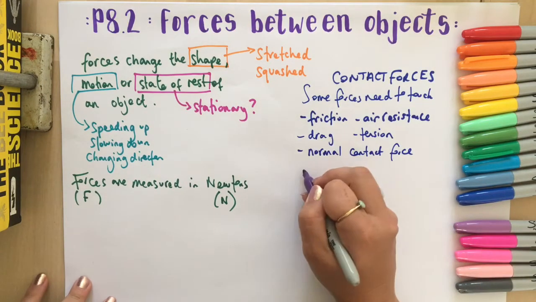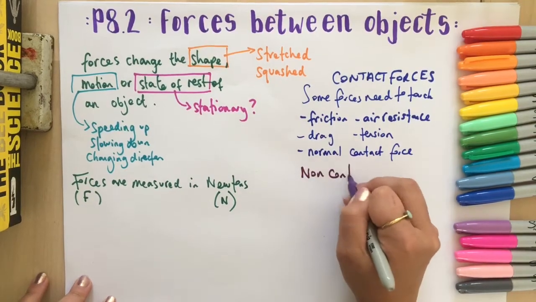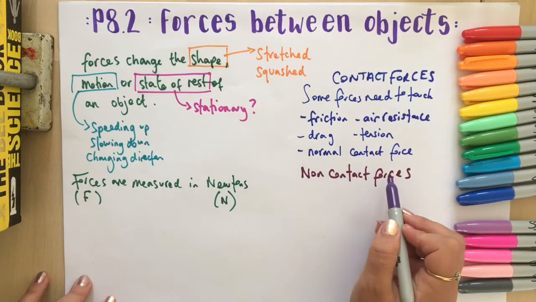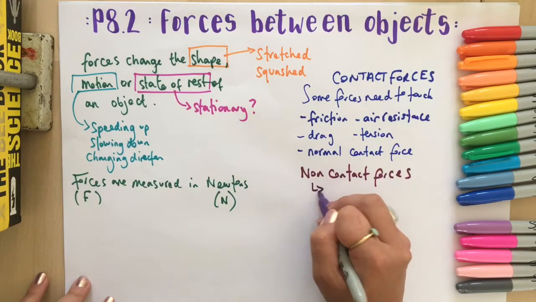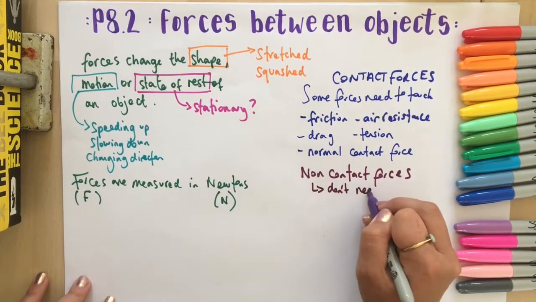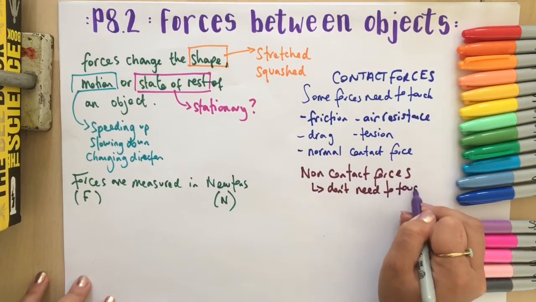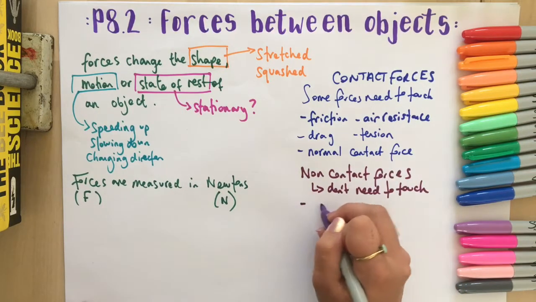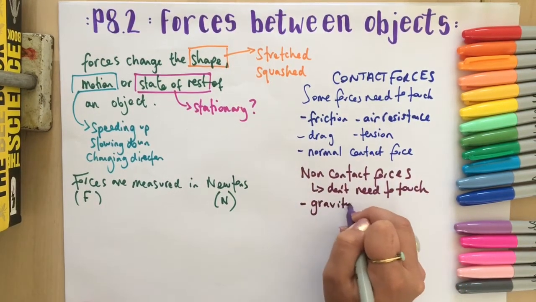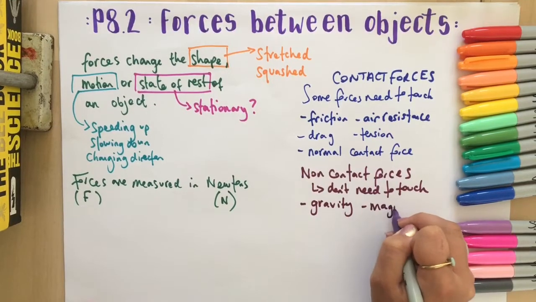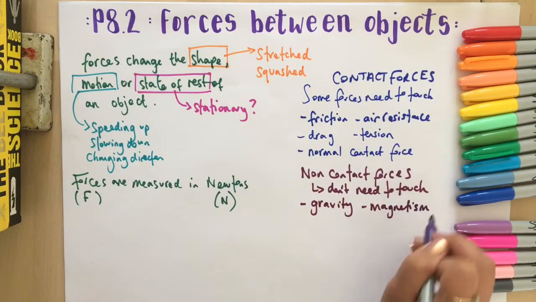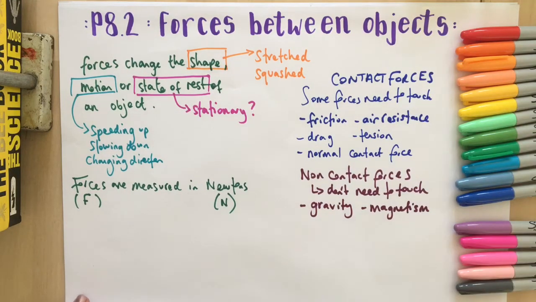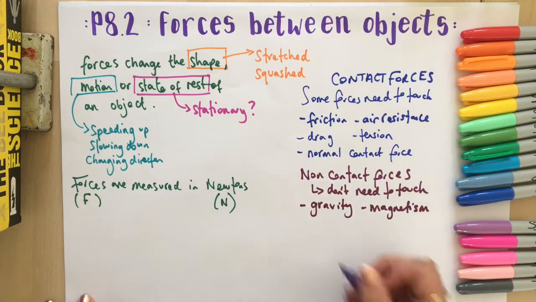And then we have non-contact forces, and I'm sure you can guess what these are, and this is where they don't need to touch. Examples of non-contact forces are things like the force of gravity, magnetism, so in year 8 you'll have done about magnets, putting stuff in a magnetic field, making iron filings move and that sort of thing.